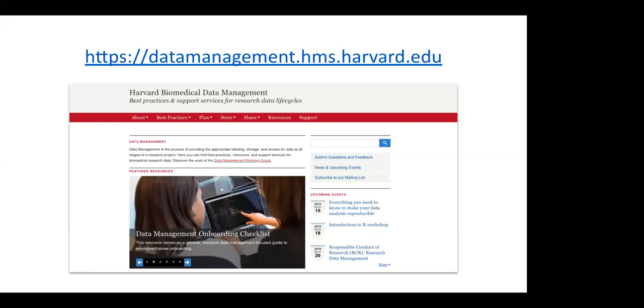This working group includes members of the entire Longwood Medical Area community from many areas such as the library, information technology, research computing, research cores, and affiliate hospitals. We maintain this website, which is full of resources and information, so we really suggest that you bookmark it and reference it as needed.